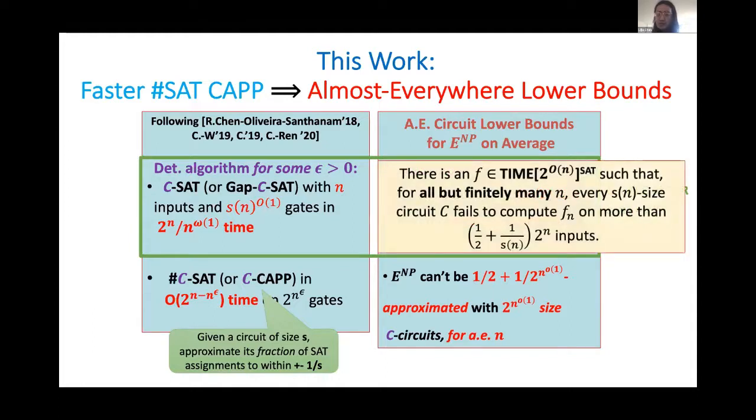More formally, there's an f in E^NP such that for all but finitely many n, every S(n) size circuit C fails to compute f_n on more than such number of inputs.